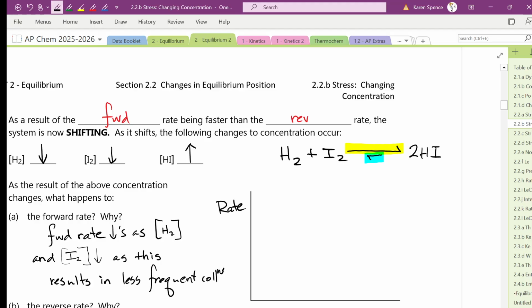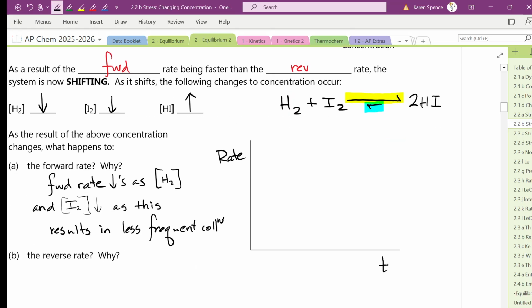So now we're carrying on with our graph. We have the forward. We have the dashed line for the reverse. We have our initial equilibrium. We had our stress, which was to add H2, which caused our forward rate to increase and our reverse rate to stay the same.